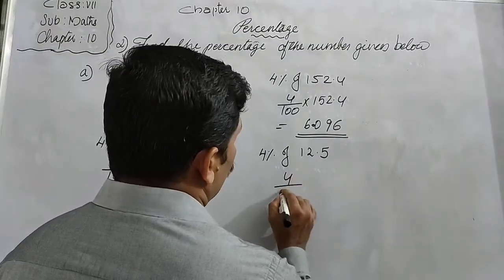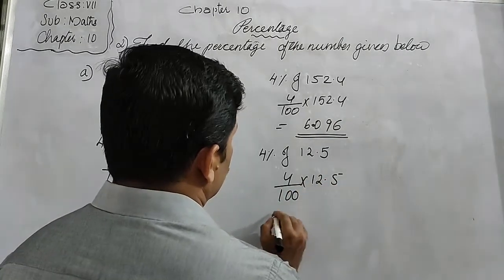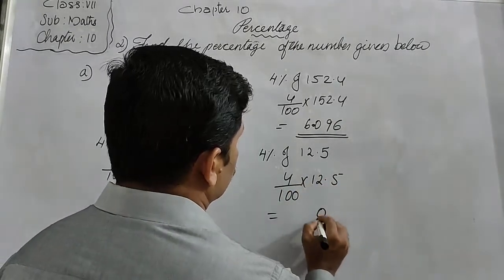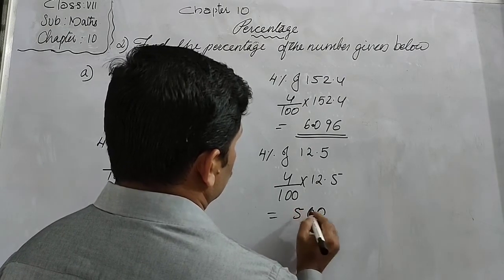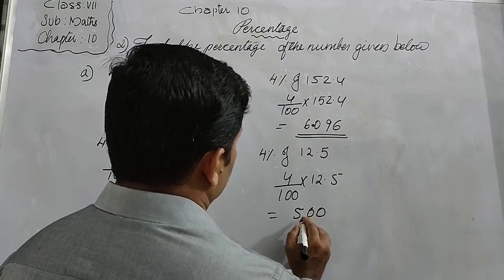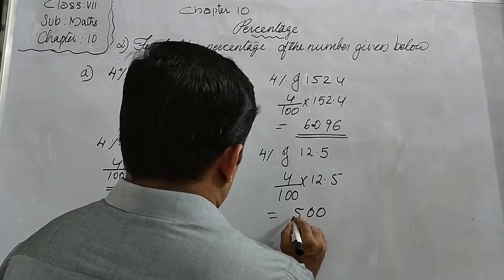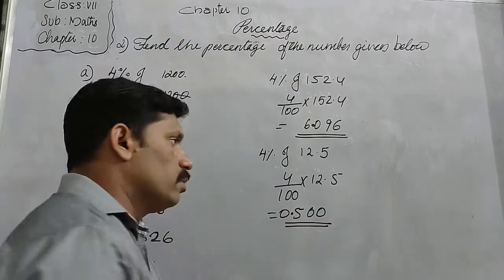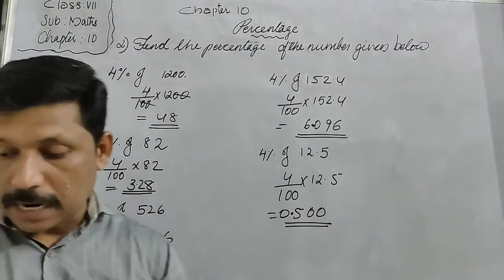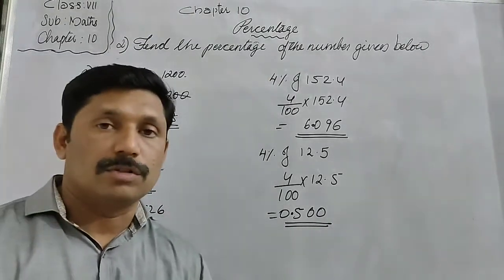Here also we write 4 upon 100 into 12.5. That is equal to 0.500. So students, the remaining questions are homework for you, every question you do that.